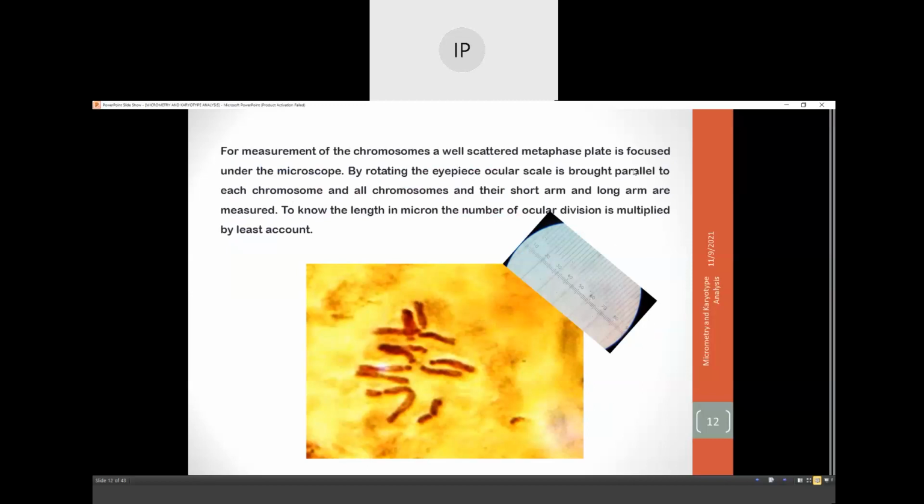A well scattered metaphase plate is focused under the microscope. By rotating the eyepiece, the ocular scale is brought parallel to each chromosome, and all chromosomes and their short arm and long arm are measured. To know the length in micron, the number of ocular divisions is multiplied by least count.